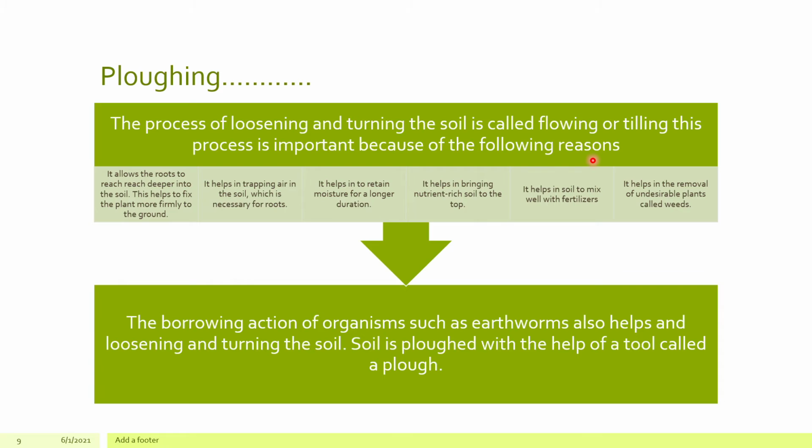So what is plowing? The soil gets tight, accumulated in a certain area, and plowing loosens the soil and lets air into it. There are six importances of plowing, why it is necessary. A five-mark question can come to write any five importances of plowing.